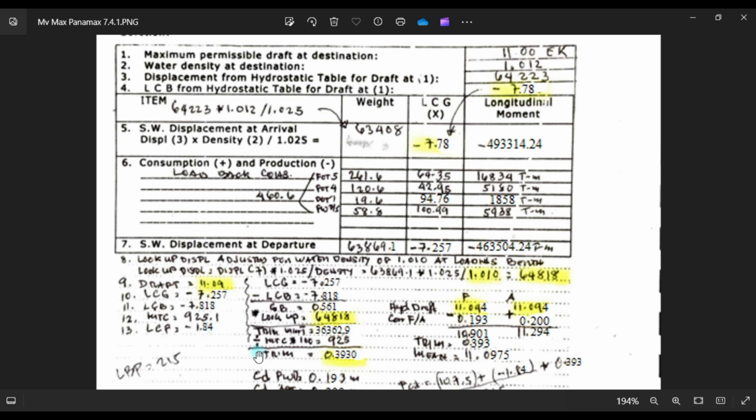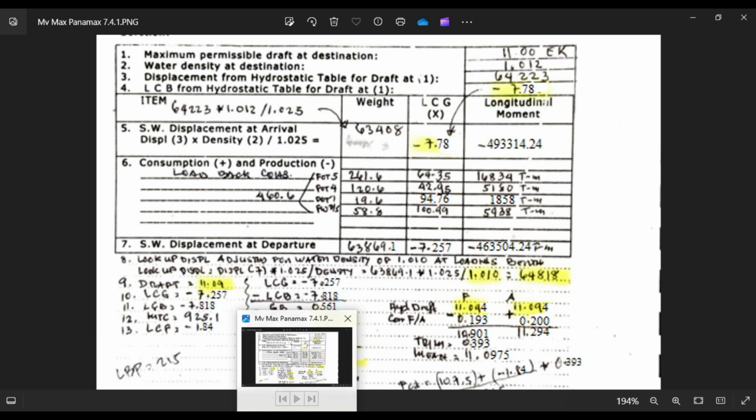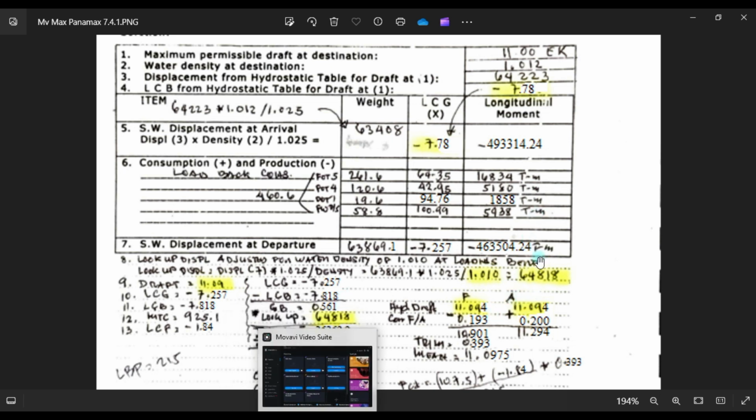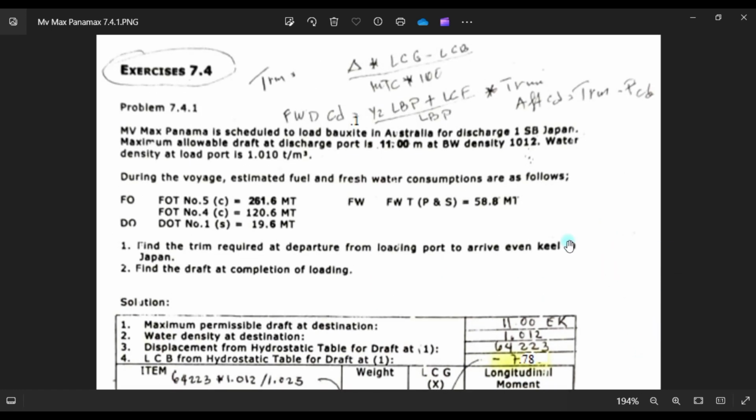Okay, so the next will be to apply the formula. We will apply this formula to get the departure trim. So we need a trim so that when we reach Japan, it will be even keel. So this is the formula to get the departure trim: displacement times LCG minus LCB over MTC times 100.